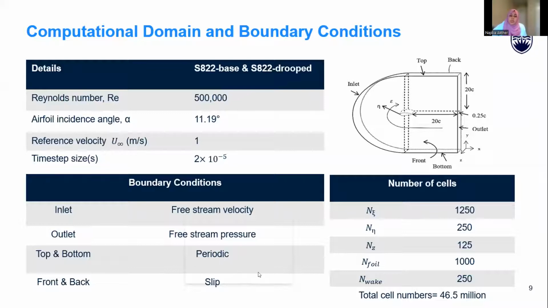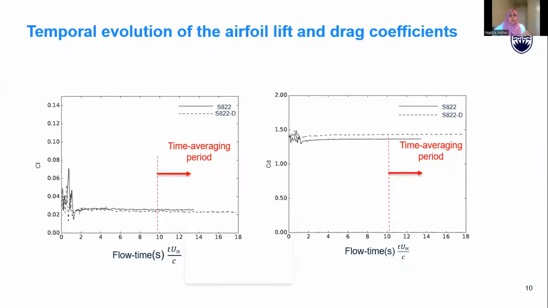Free stream velocity and pressure boundary conditions were imposed for the inlet and outlet of the domain, respectively. And periodic and slip conditions were imposed for the front and back and top and bottom sides of the domain. And the total cell number was 46.5 million. So the flow field of this airfoil develops in time to a statistically steady state.